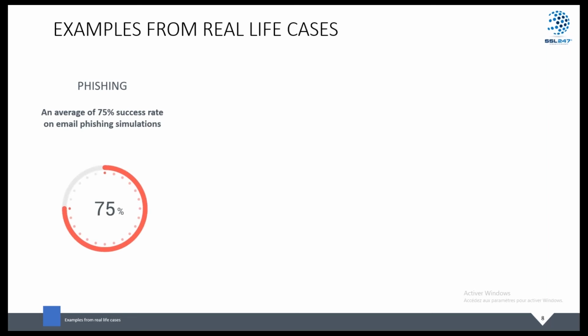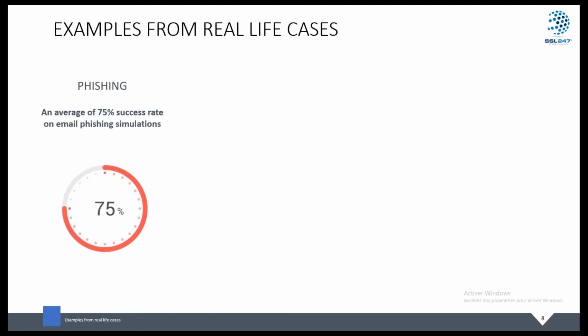When we do phishing simulation at SSL247, we try to recreate realistic scenarios, and we obtain a really high success rate of 75%. We're only accounting people actually opening the email. So people that receive the email but do not open it, maybe because they are on break, are not accounted for in that.